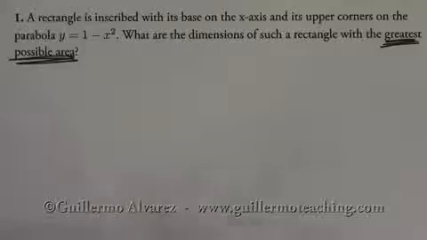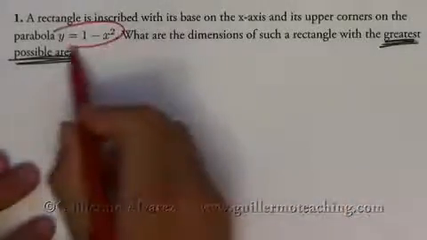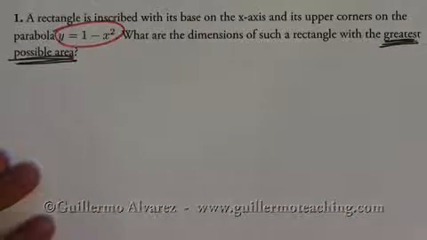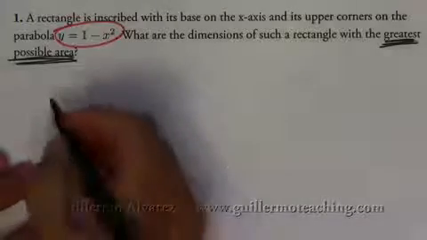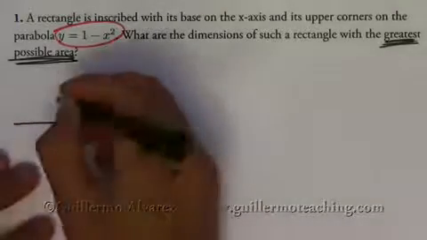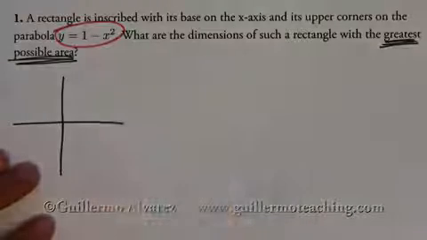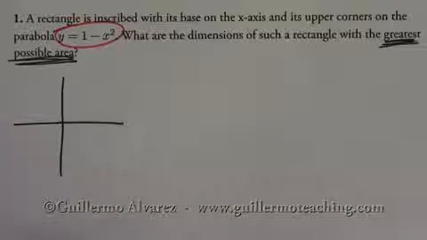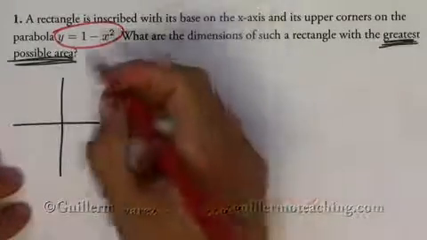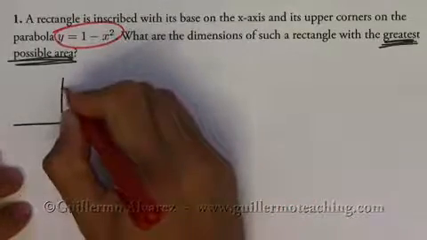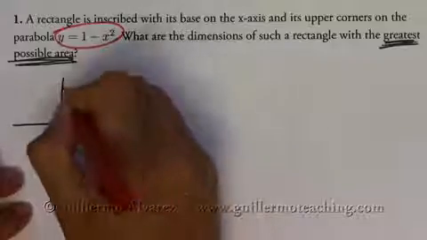Let me circle some stuff here. Let's circle the parabola. We're not given that much information except that we have a parabola y equals 1 minus x squared. So let's draw a picture of this parabola. 1 minus x squared looks something like this.